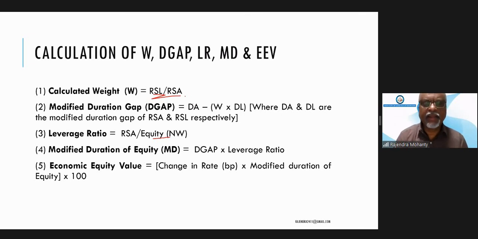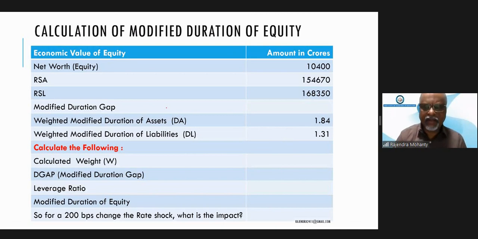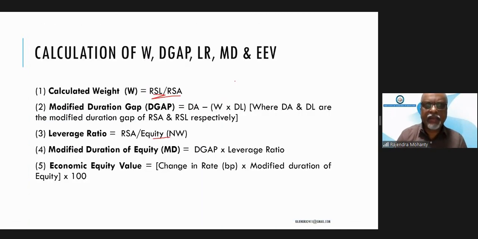Simply divide the RSL by the RSA, and whatever number comes is the calculated weight. Now, the modified duration gap has to be calculated with the formula DA minus W into DL. DA is given in the question, DL is given.